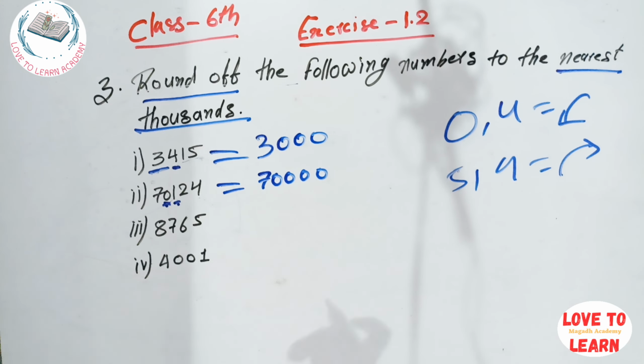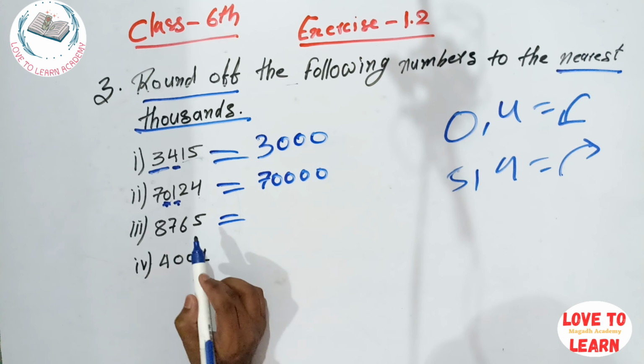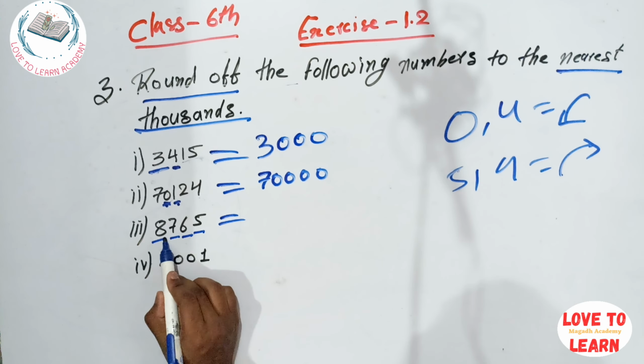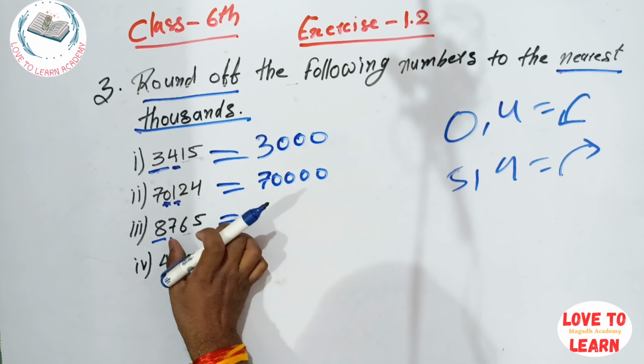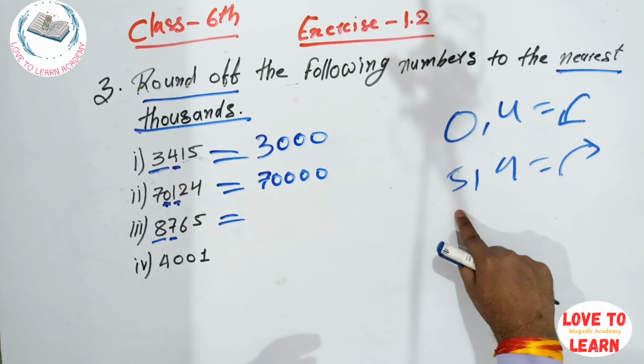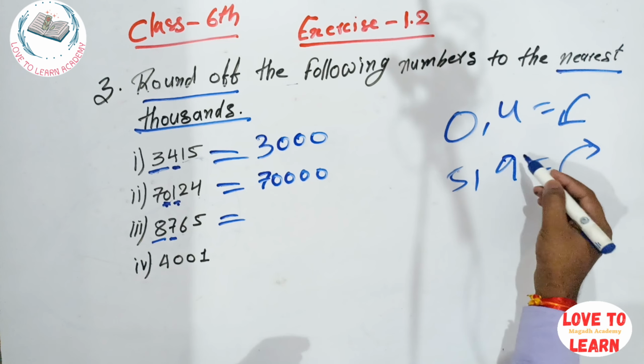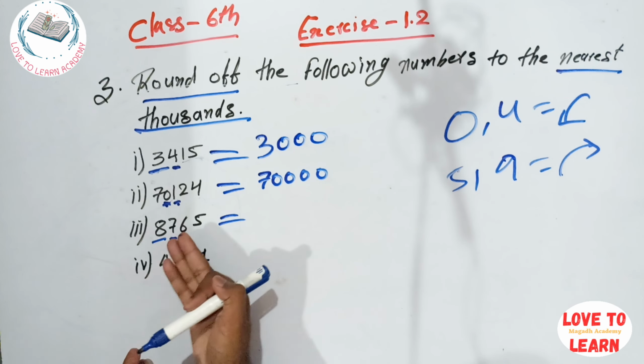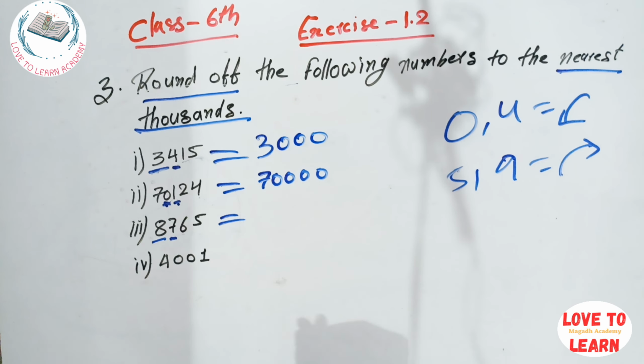Okay, so let's see question number 3. In question number 3 we have to see 1000. So first count ones, tens, hundred, thousand. This is 8764. So we have to see that 7. Where is 7 coming? It is coming in 5 to 9, so its number is going to be above.